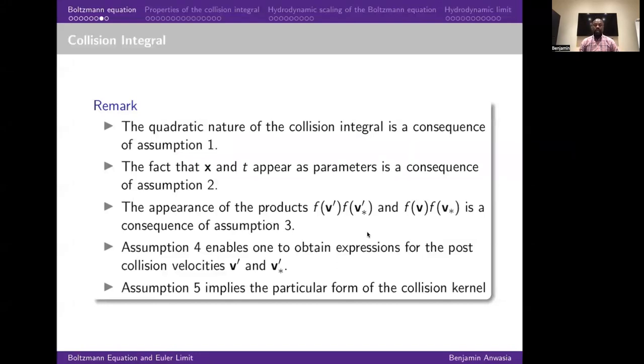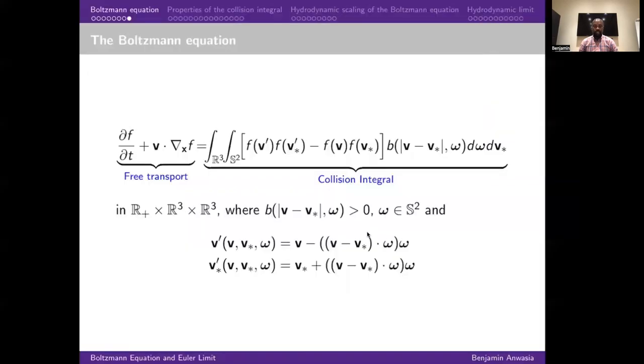Now, putting together the free transport equation and the collision operator, we obtain the Boltzmann equation. The Boltzmann equation is a nonlinear integro-differential equation that describes how the velocity distribution function changes as a result of free transport of the molecules and collisions between the molecules.